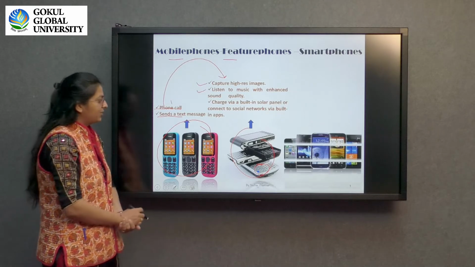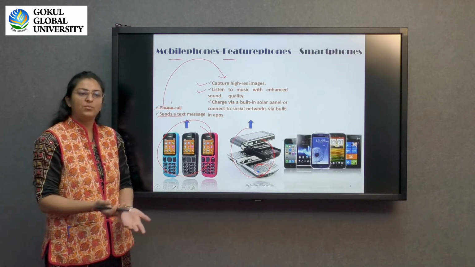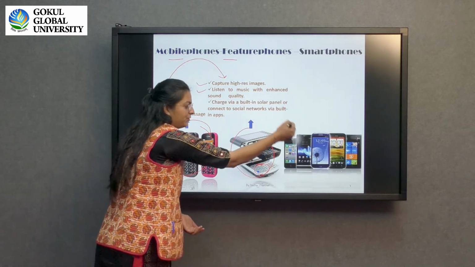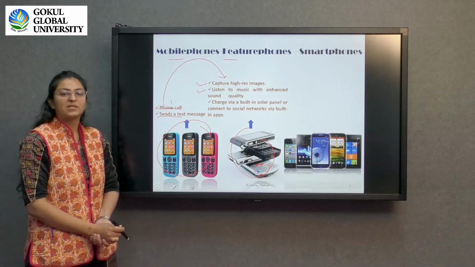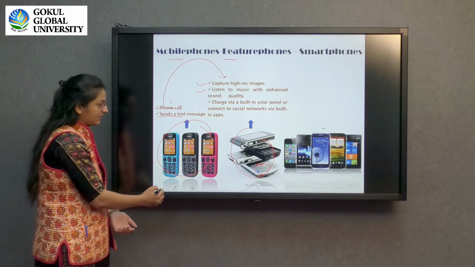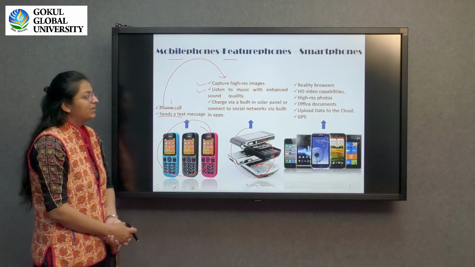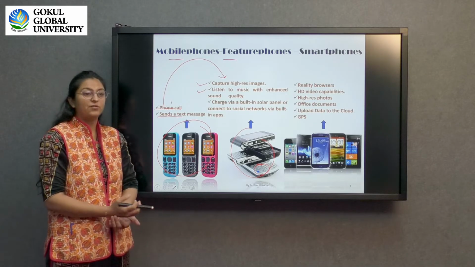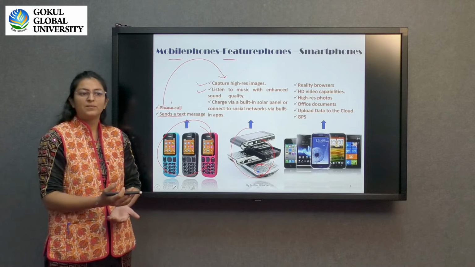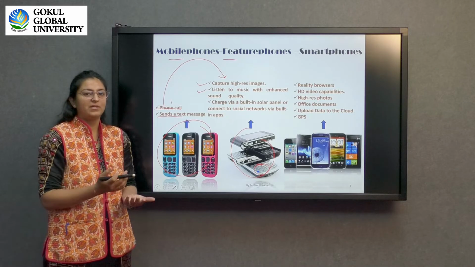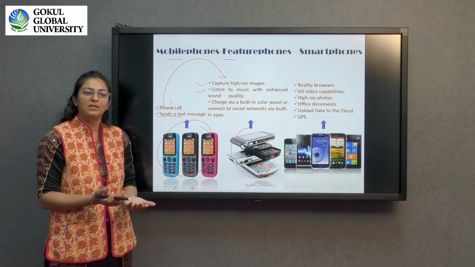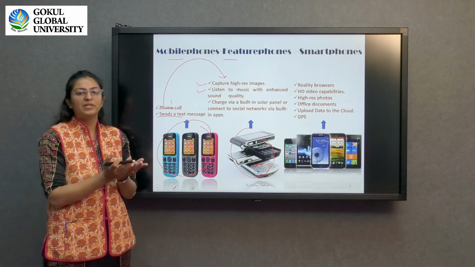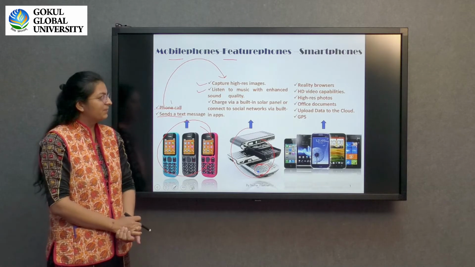And the third scenario, which nowadays we are using, is our smartphones, that is our touch screen devices. As we know the features of this touch screen, you can see the reality of browsing capability. Nowadays we do not need any laptop or desktop to access our internet features. Everything is available in our hands.